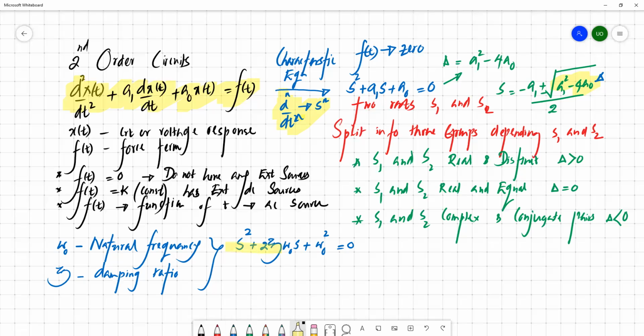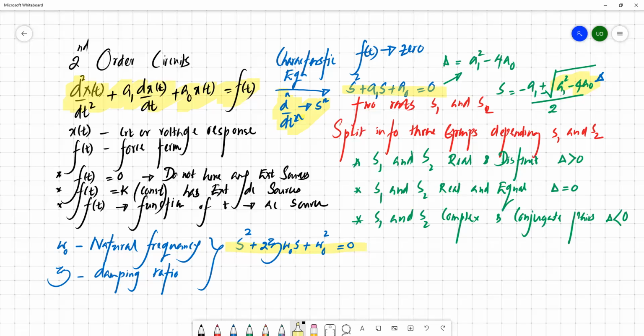So this is the characteristic equation as a function of omega naught and zeta. And the other is the characteristic equation as a function of the coefficients of the derivatives, a1 and a naught, which depend on the circuit components.